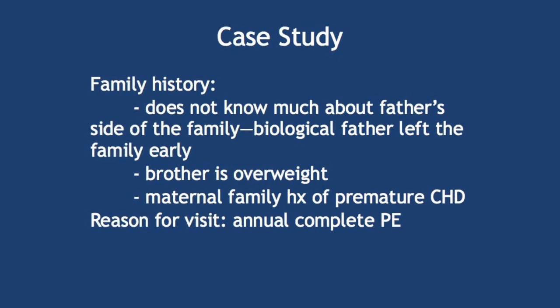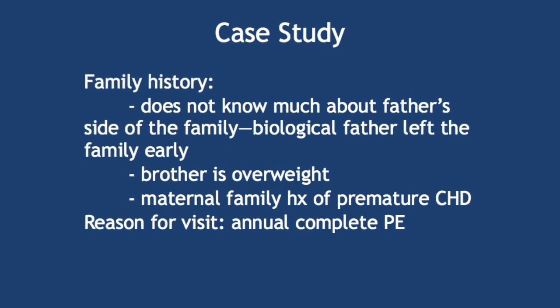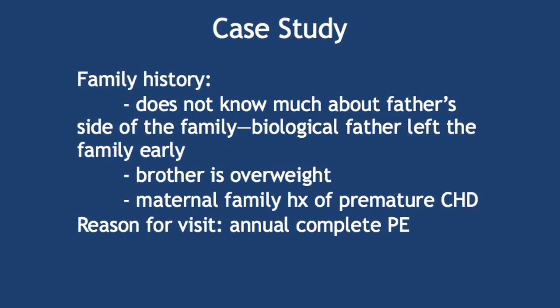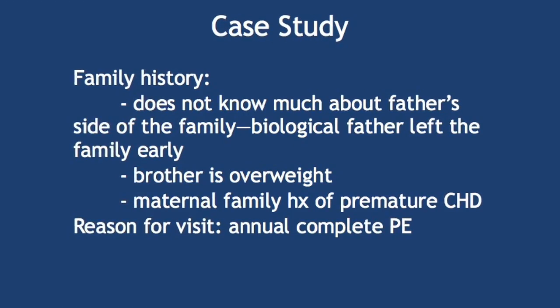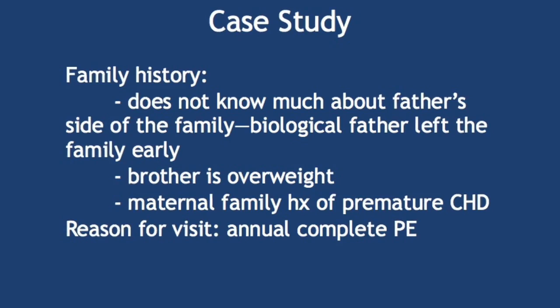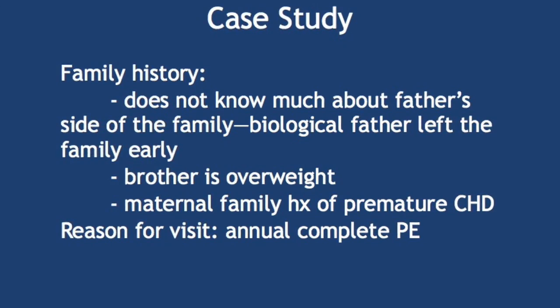He does not know much about the father's side of the family. The biological father left the family early. His brother is overweight. On the maternal side, there is a history of premature heart disease. He came for an annual physical.